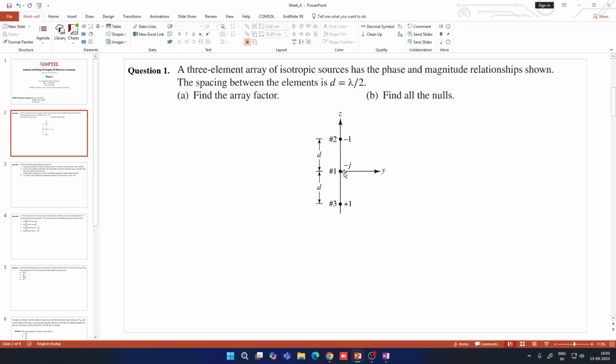Antennas 1, 2 and 3 are placed along the z-axis, where the complex excitations are: for antenna 1 it is minus j, for antenna 2 minus 1, and antenna 3 plus 1. These are the excitations for the respective antennas.